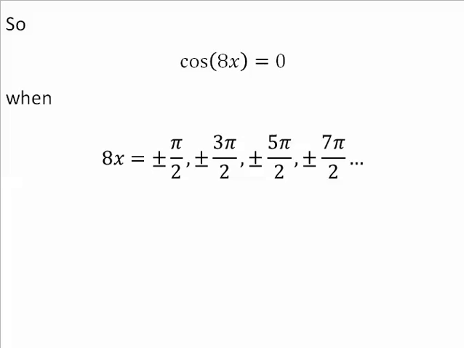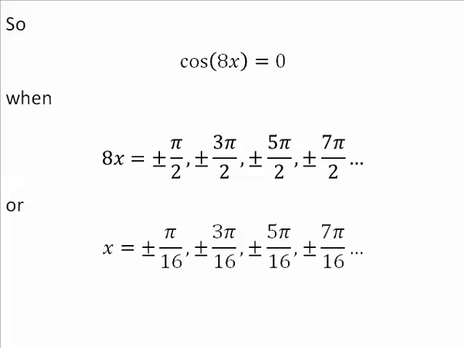Now, I've got 8x on one side, and a bunch of numbers on the right-hand side. Divide both sides by 8, so every single one of those fractions divided by 8. So x is plus or minus pi over 16, plus or minus 3 pi over 16, plus or minus 5 pi over 16, and so on.